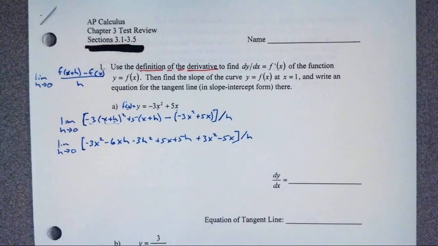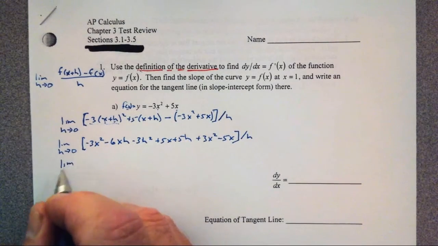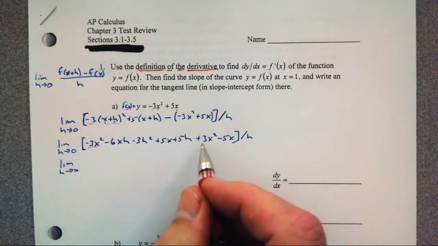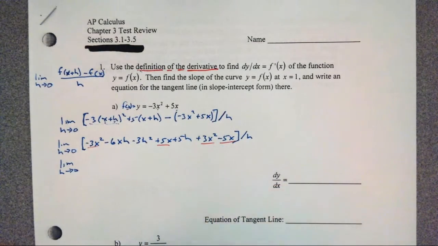Now, at this stage, I'm expecting some good things to happen. Here, let's take a look. Limit as h approaches 0. I've got a minus 3x squared that cancels a plus 3x squared. I've got a plus 5x that cancels a minus 5x.